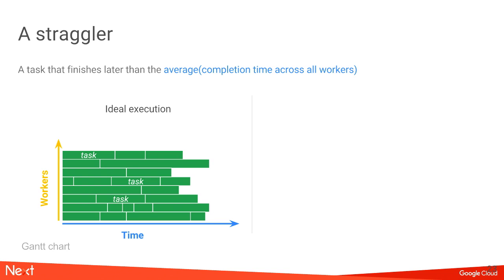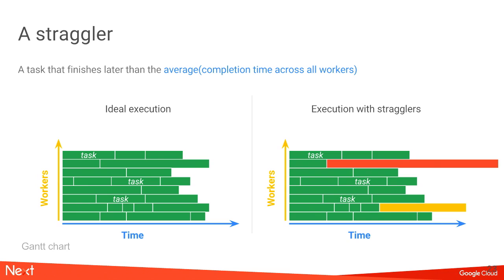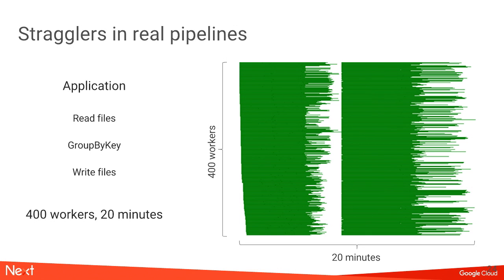What you can see in this graph is that the worker finished the shard, started working on the next one, finished the task, started working on the next, and things are going pretty smoothly. There is not huge variability between the end times. The execution with the stragglers looks different. Some of the tasks are taking much longer than the others, right? And they're affecting our end time. Do these things happen in production, in your real jobs?